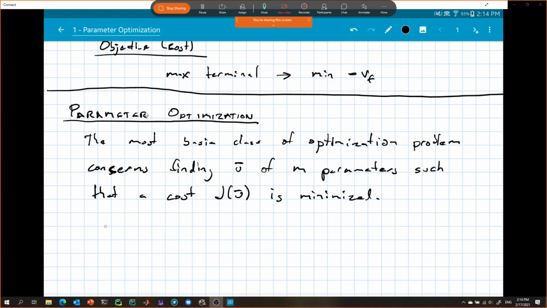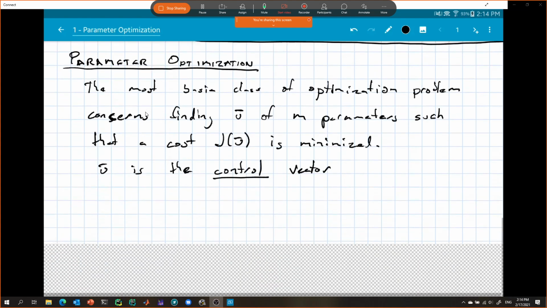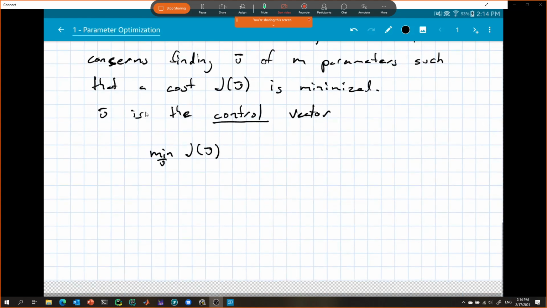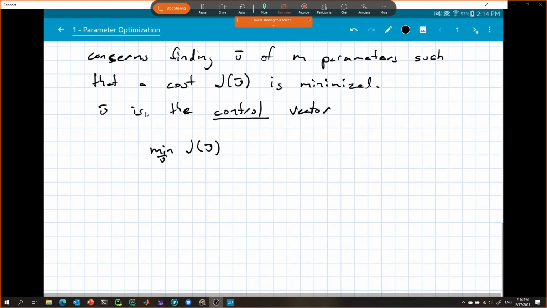And u is the control vector. Okay, so we'll write that kind of problem out as min with respect to u, J of u, right?